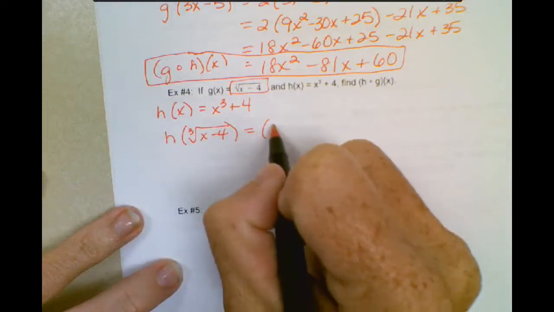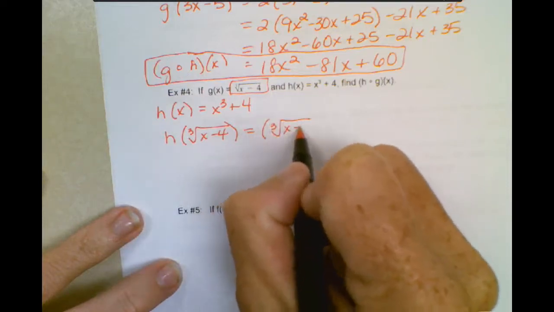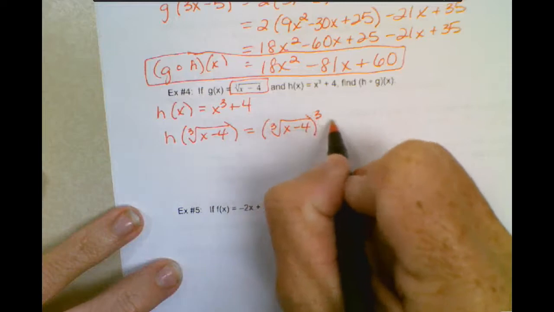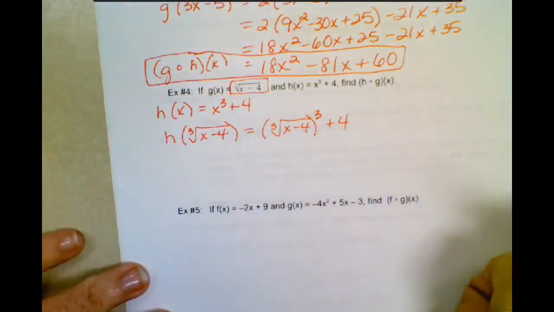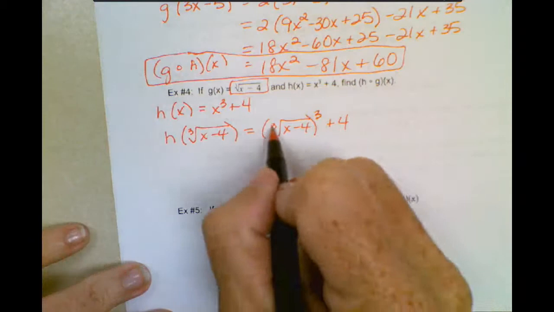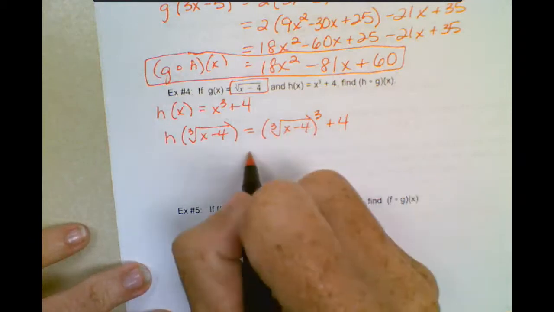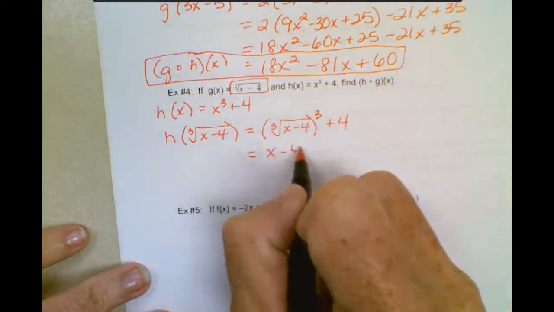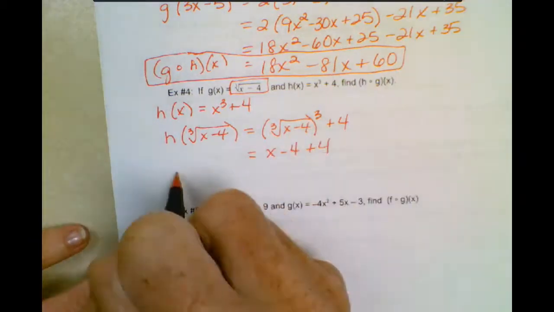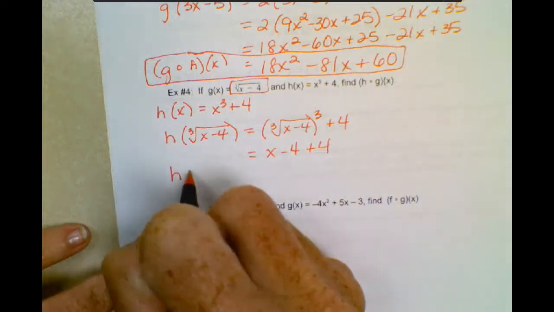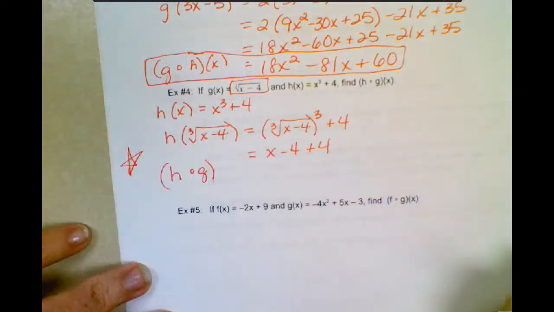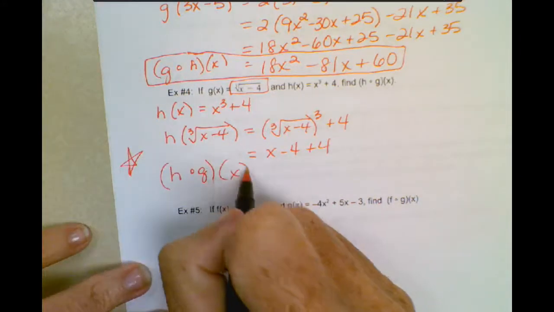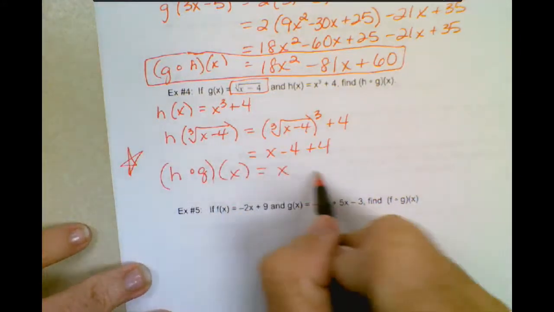So cube root of x minus 4, cubed, plus 4. When we cube a cube root, those will cancel out. So we will just get x minus 4 plus 4. So in this case, we're going to want to put a star next to this. H of g of x equals just x.